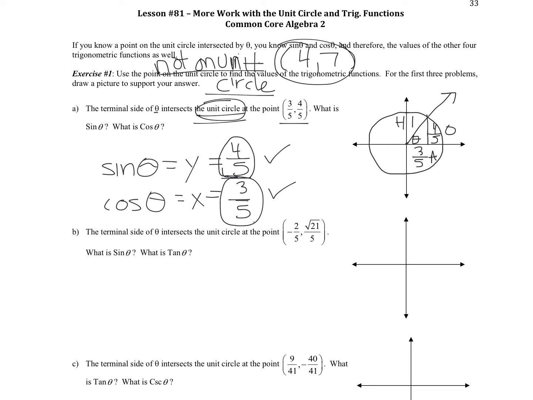So my next one says, now I have a point at -2/5, radical 21 over 5, so we are headed into the second quadrant. Probably not perfect proportions here, but we get the idea. So it's -2/5, radical 21 over 5. So I drew my picture first, but I am going to go back and just find what I need. So the sine of theta is the y value.